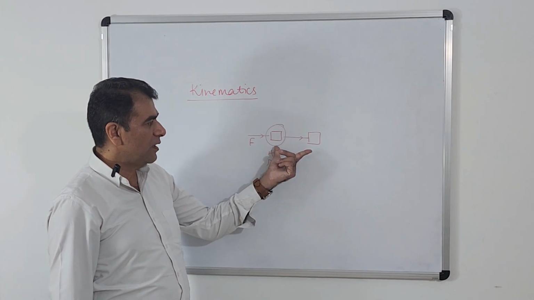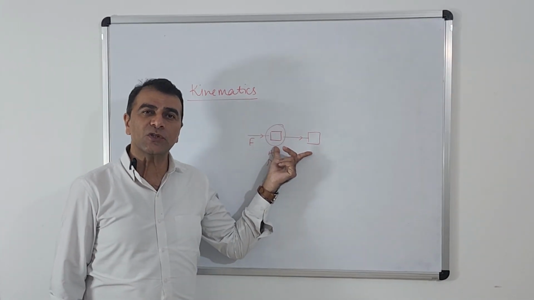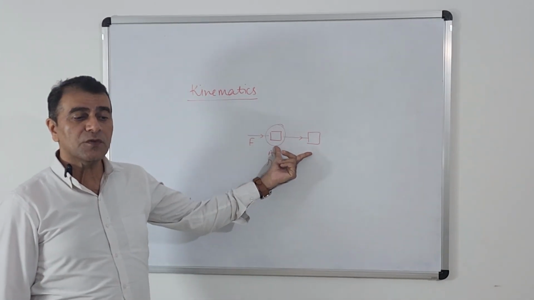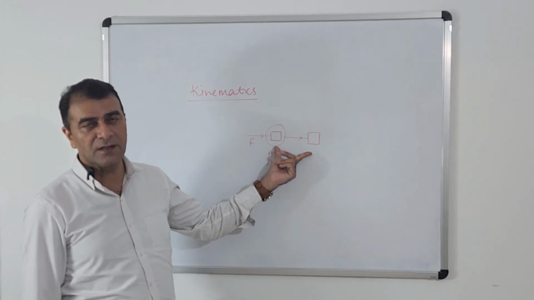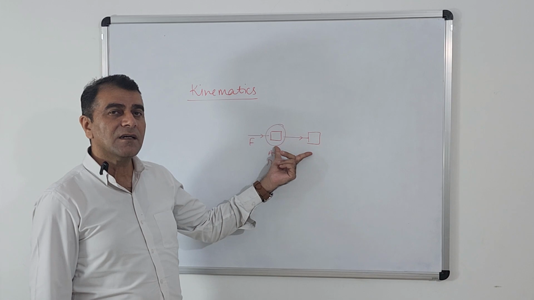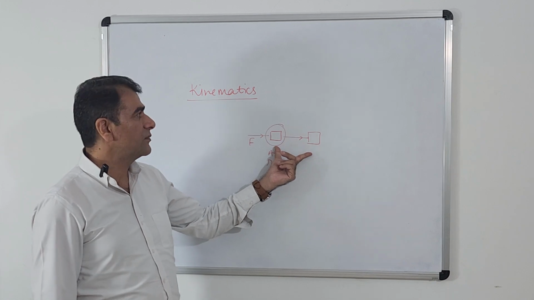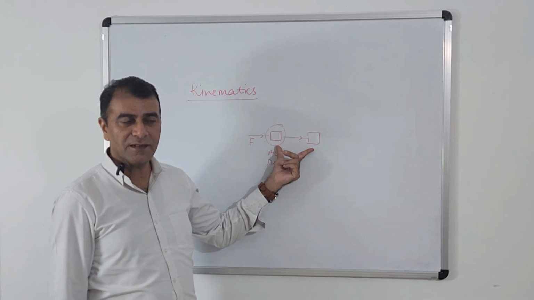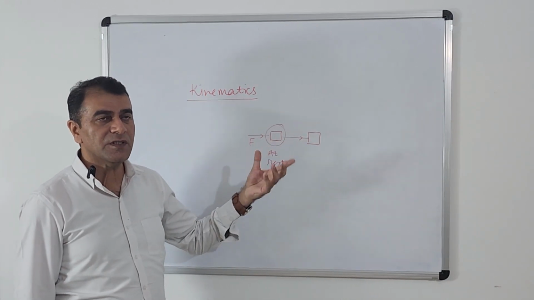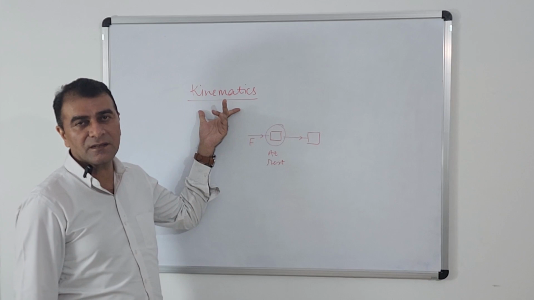From here to here, this stone was in motion. Without knowing the force behind it, the cause behind the motion, we only take interest in the motion of the object, right? Then this branch of physics is known as kinematics.